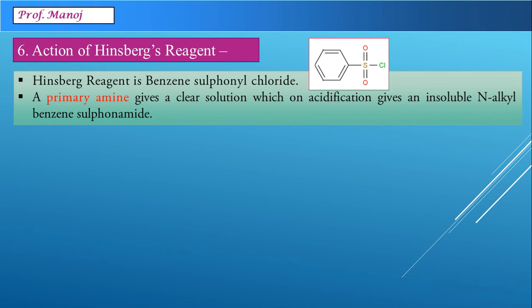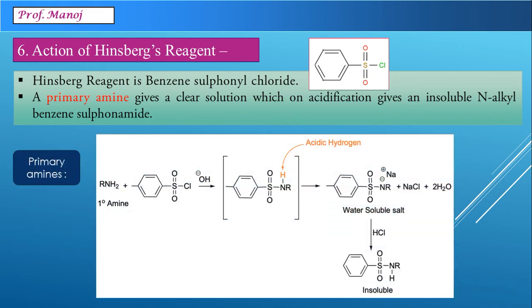Primary amine, what happens? In case of primary amine, have a look at the reaction. Primary amine RNH2 reacts with benzene sulfonyl chloride. Now what reaction can we see here? The hydrogen of primary amine removes the chlorine atom and connects the benzene sulfonyl group to nitrogen.